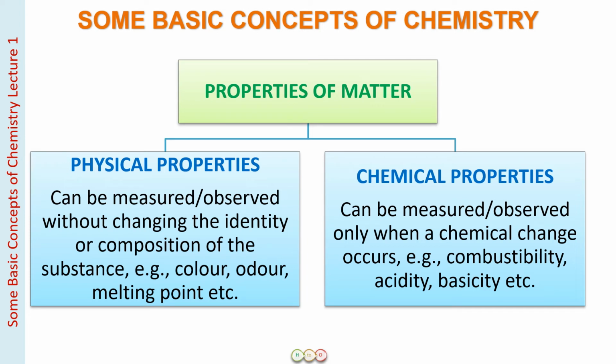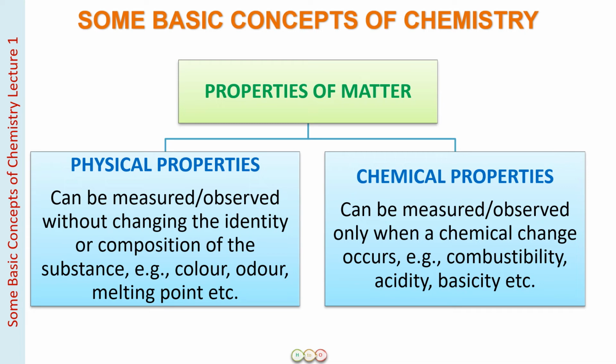We get carbon dioxide as a gas. So here a chemical change has occurred. A new substance, carbon dioxide, has been formed, and hence we have been able to study the chemical properties of carbon. Right? Other examples like acidity, basicity, there are going to be so many chemical properties of each and every element you are going to learn in chemistry.